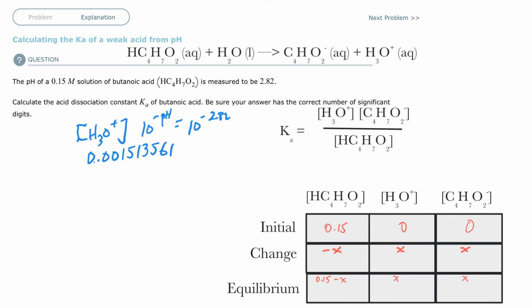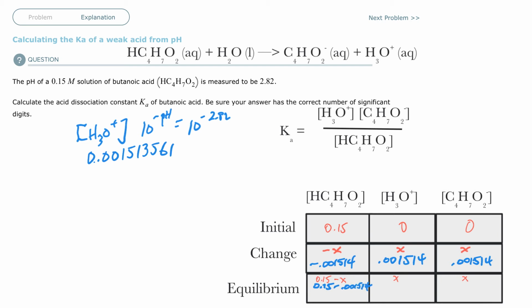So this is going to be 0.001514, negative 0.001514. All right, so this is going to be 0.15 minus that. So it's going to be 0.15 minus 0.001514.